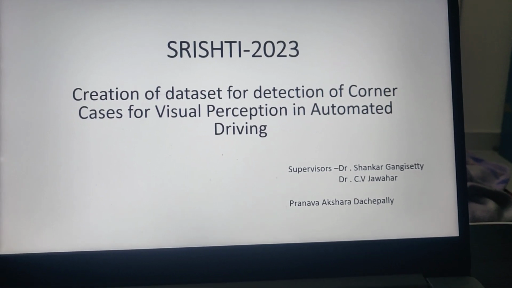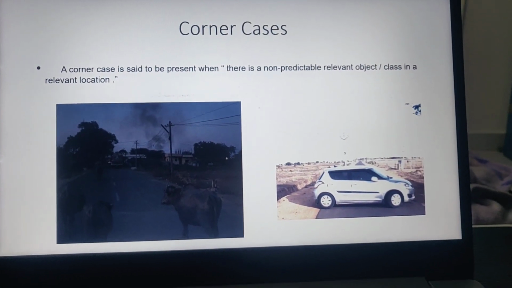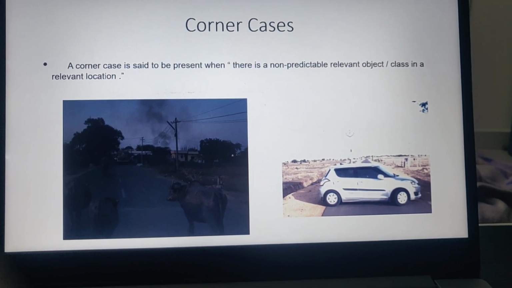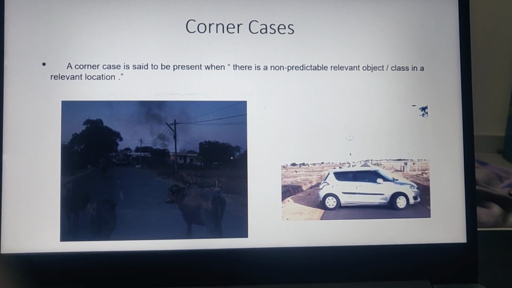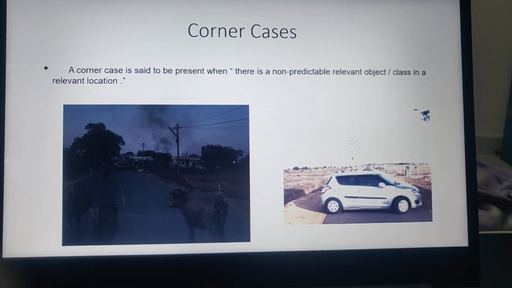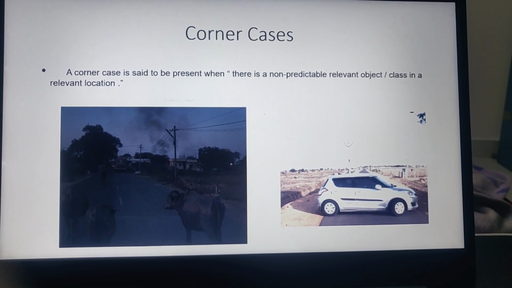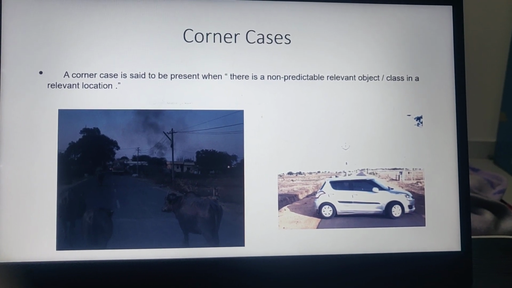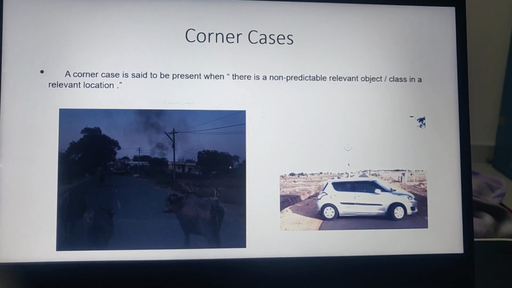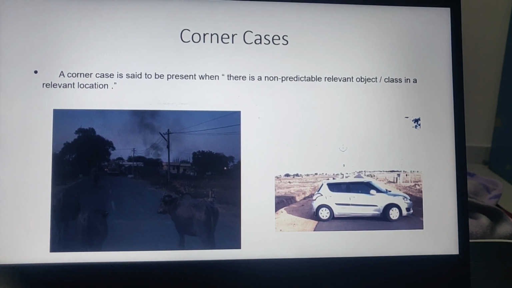So as we get into it, let's see what exactly a corner case is. A corner case is said to be present on the road when there is a non-predictable object on the road, or where there is an identifiable object, but in a condition where there is a risk attached to it.